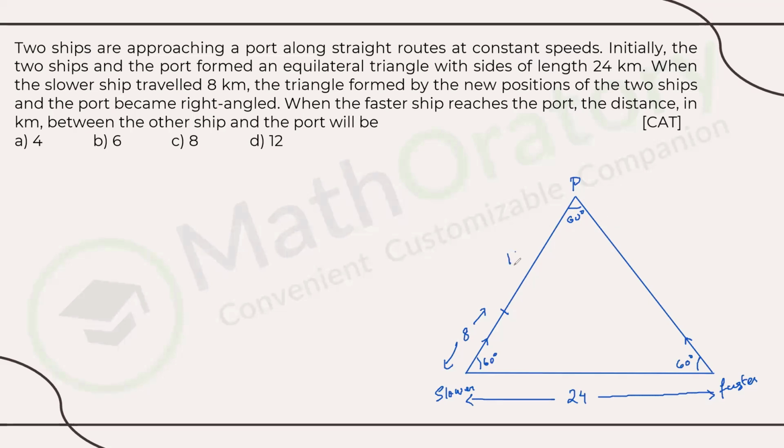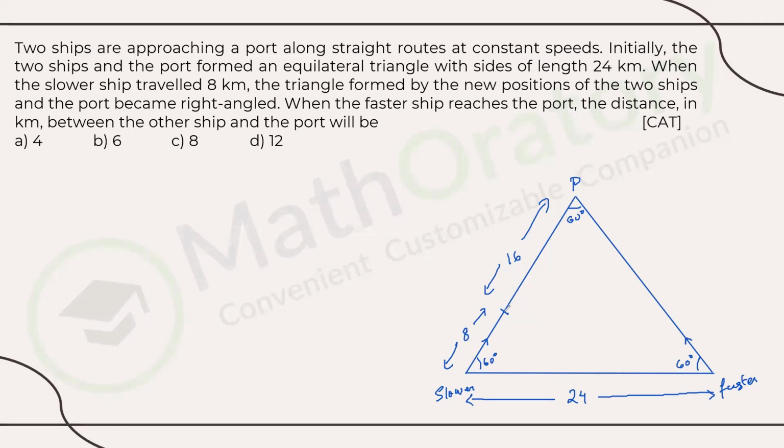The slower ship must have traveled less, so the remaining distance should be more, and the faster ship should have traveled more, so the distance to the port should be less. Opposite to 90 cannot be a side which is less than opposite to another angle. So the 90 degrees must be here, because this cannot be 90 degrees. This is 60 degrees already.